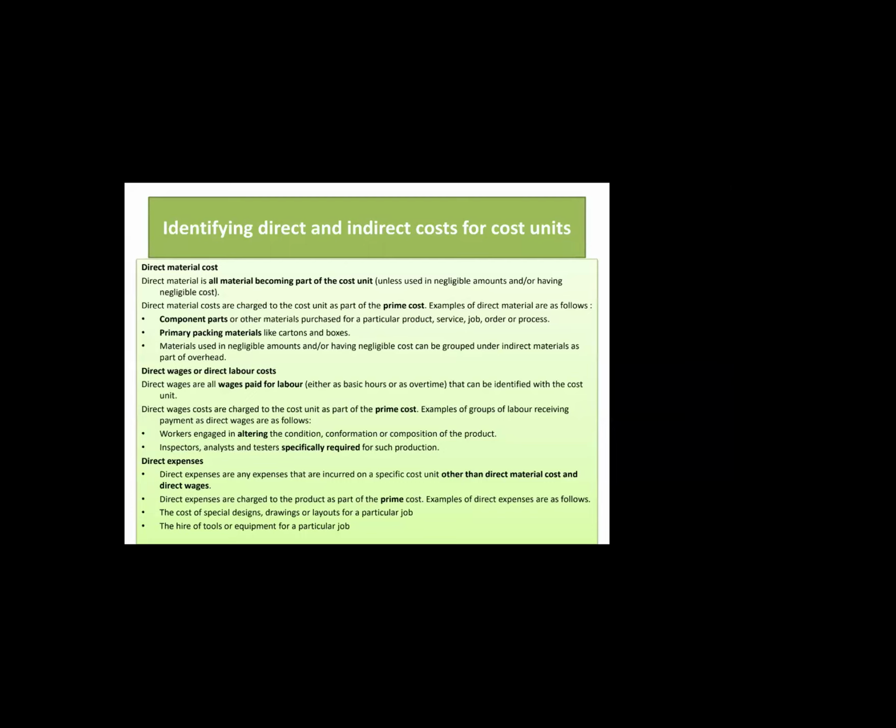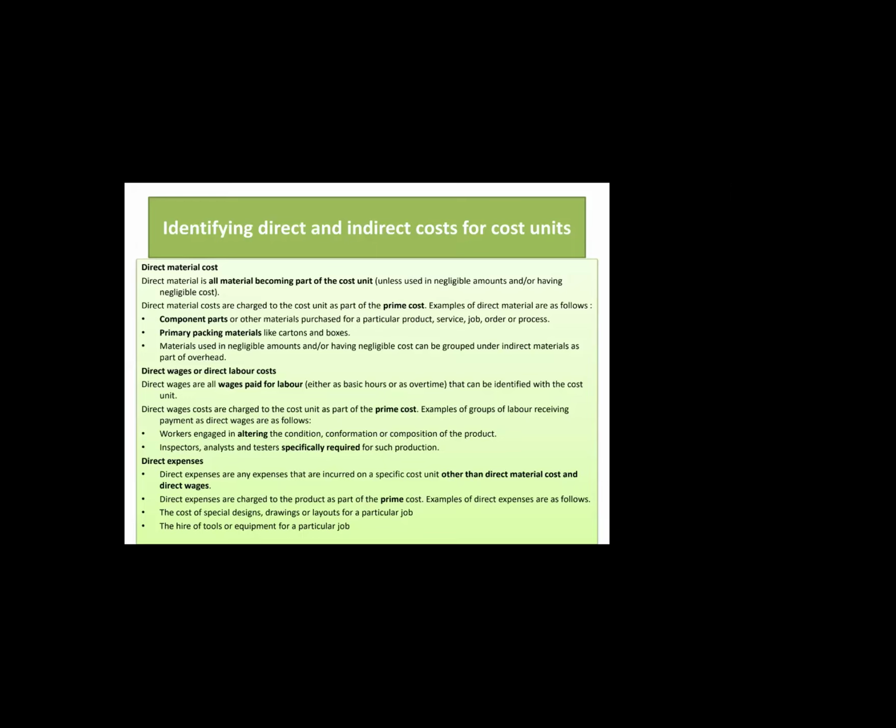As we know, accounting is not rocket science. Everything we treat here with logic. If you can give better logic than another person, your logic may be preferred. But of course, it should be verified and convincing to others also. So direct material costs are charged to the cost unit as a part of prime cost.